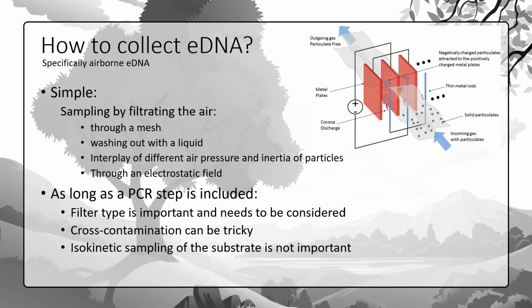Cross-contamination is not solely critical if PCR is involved, but is at the end one of the major critical points that need to be attended to. And this is the switch of the isokinetic sampling. If you have to take care of that, this is the difference between doing a quantitative or a qualitative analysis of your air sample.